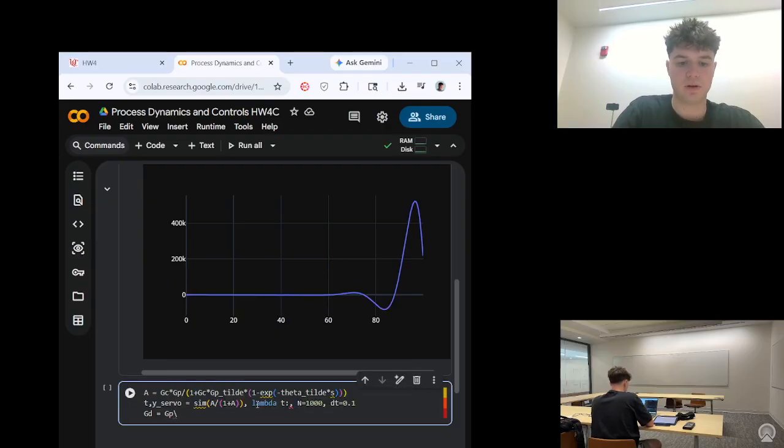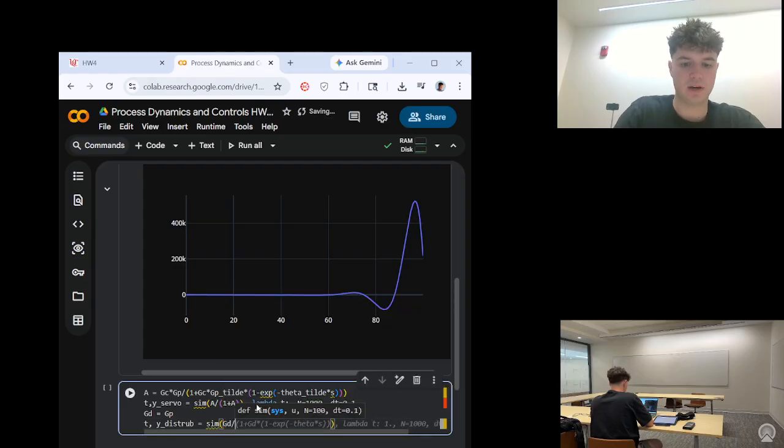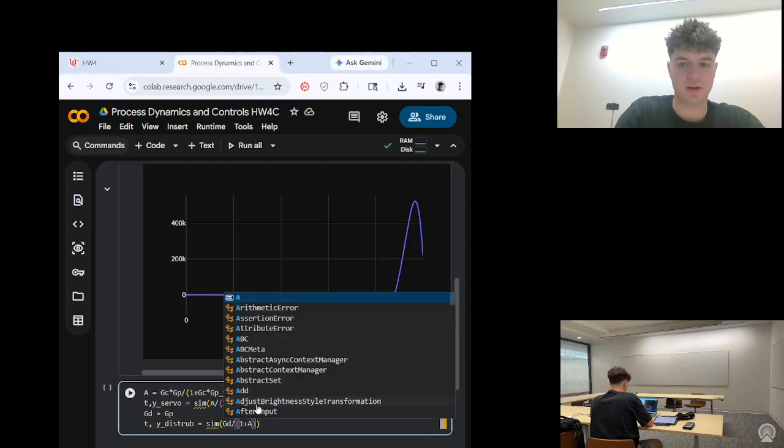And we want ty underscore disturb to be equal to sim GD divided by 1 plus our alpha variable.